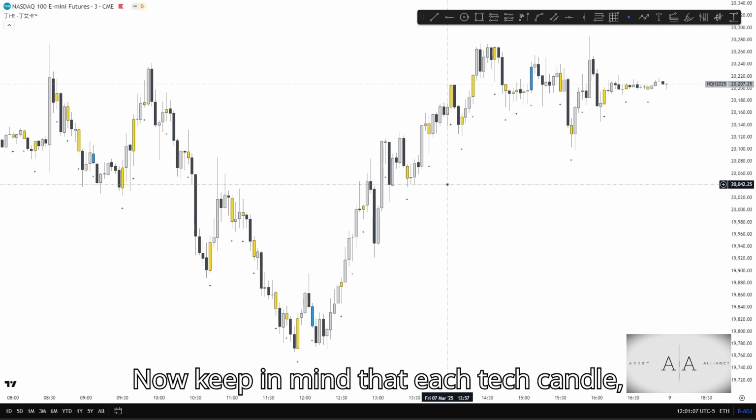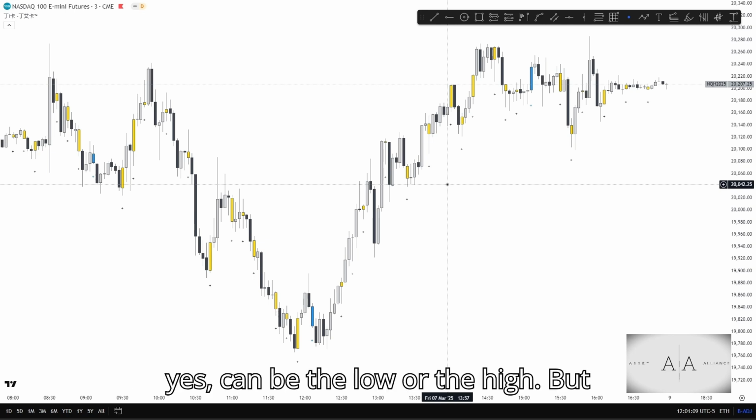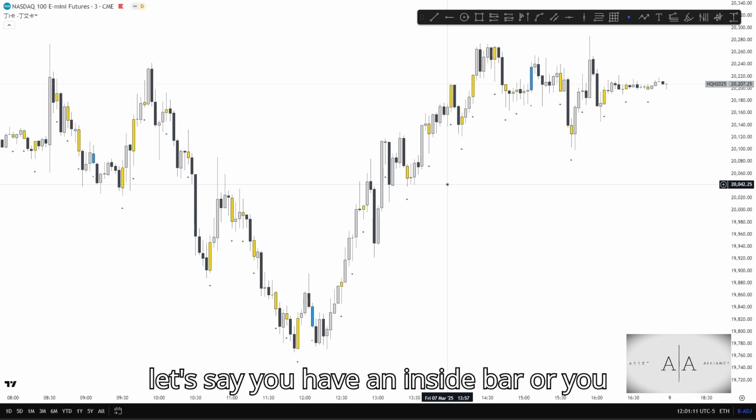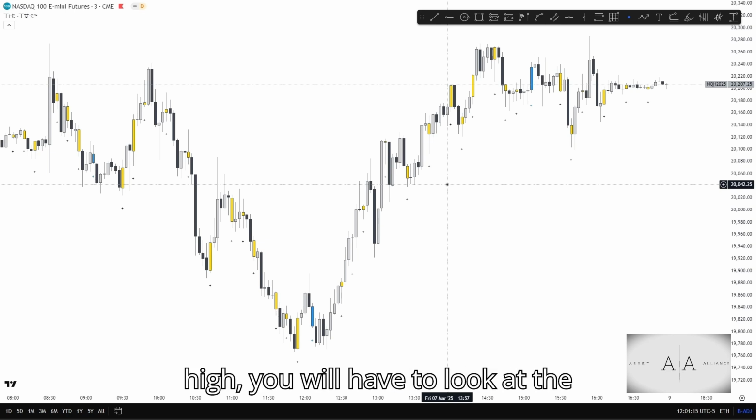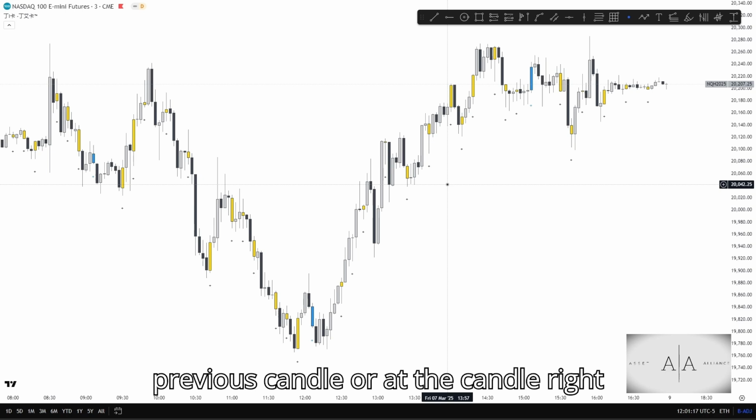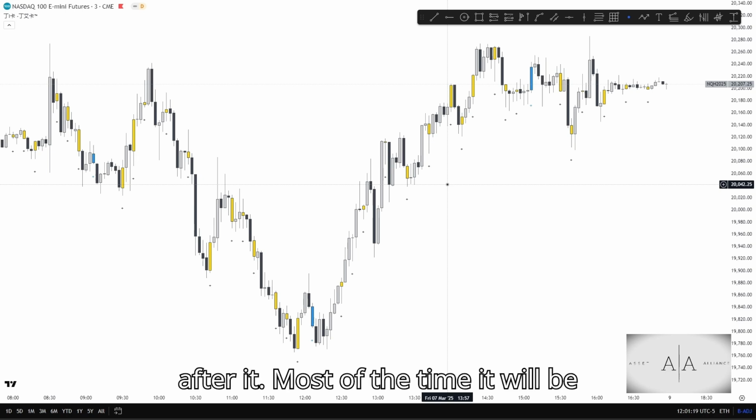Now, keep in mind that each tech candle can be the low or the high, but let's say you have an inside bar, or a candle that doesn't take a low or a high. You will have to look at the previous candle or at the candle right after it.